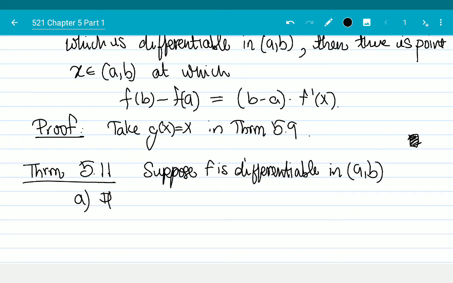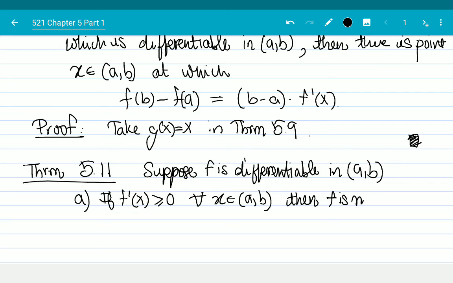First, if f prime of x is greater than 0 for every x belonging to (a,b), then f is monotonically increasing.